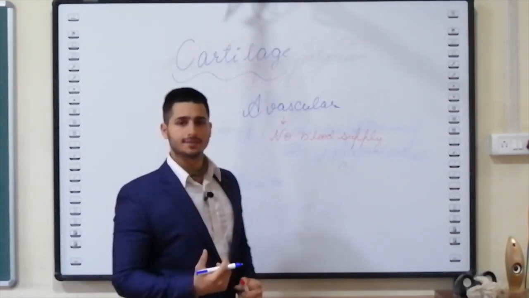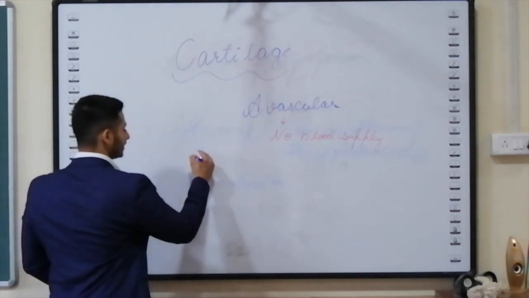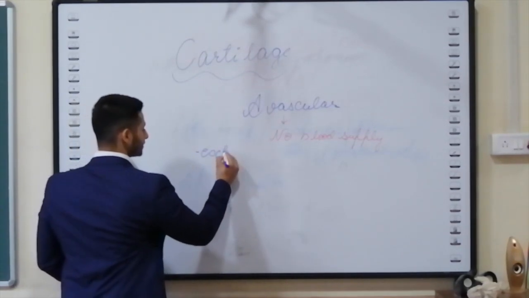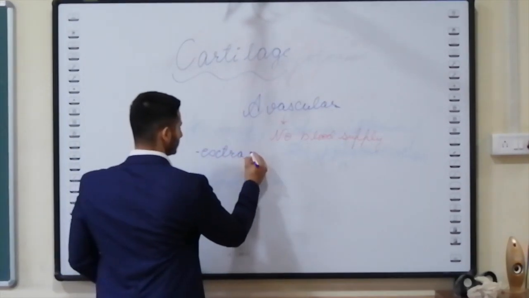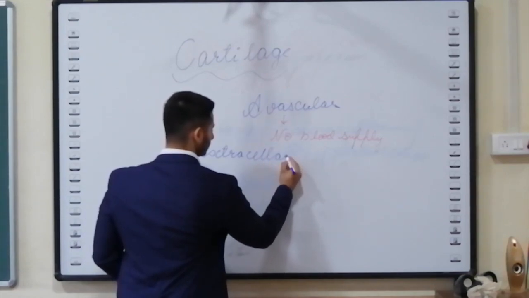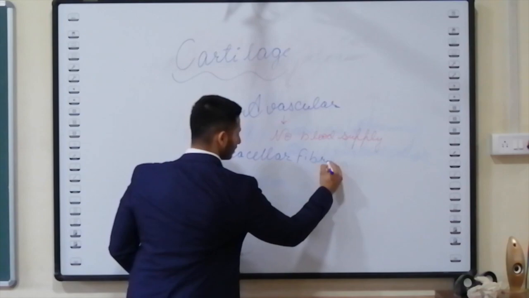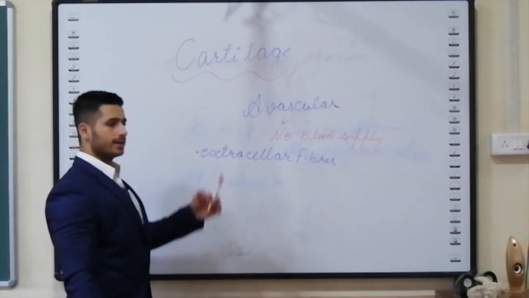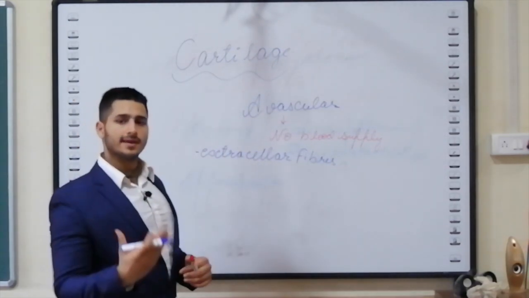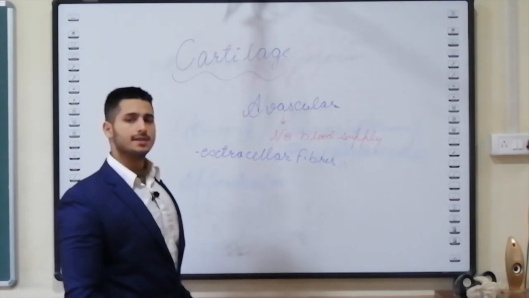A cartilage is made up of some extracellular fibers. So cartilage is an avascular form of connective tissue with extracellular fibers.